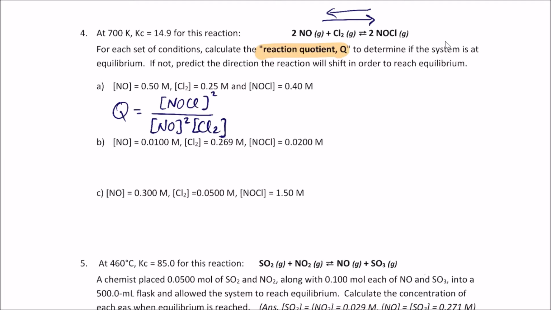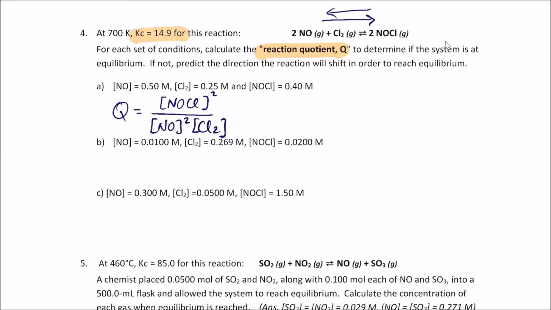If it's at equilibrium, then there is no shift, right? At equilibrium, the rates of the forward and reverse reactions are equal. But if it's not at equilibrium, the reaction would either go forwards to reach equilibrium, or it would go backwards to reach equilibrium, and we have to predict that. Now we know Kc.